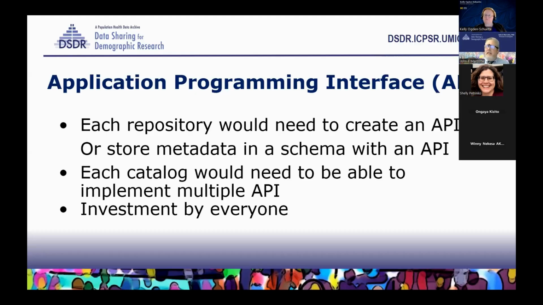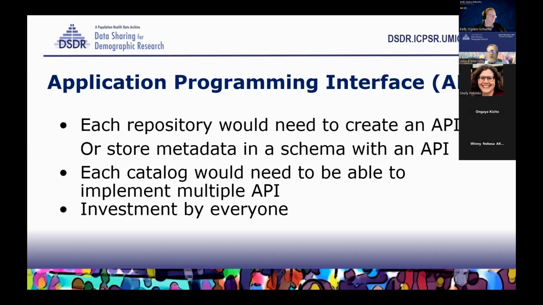The other thing that's needed to do this is the ability, it's easy to pull metadata from a single study. But now if we're talking about pulling metadata from lots of studies, we really need a programming interface, the ability for catalogs to talk to each other. That's really what an API does. It allows one catalog to talk to another.